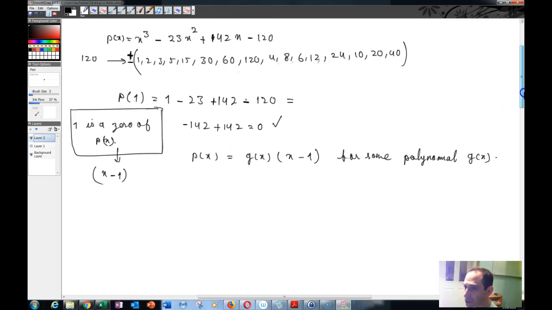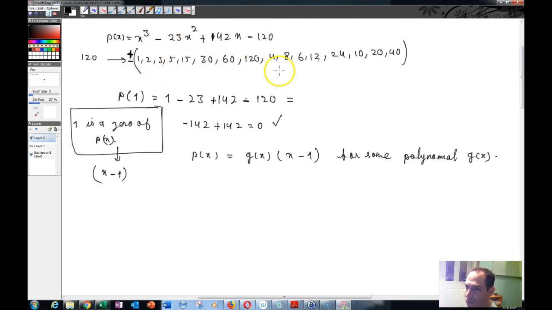I can rewrite this equation as x cubed minus 23x squared plus 142x minus 120 is the same thing as x minus 1 times g of x.